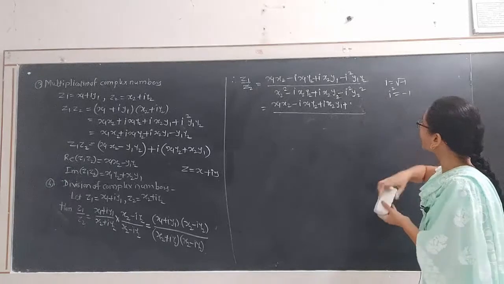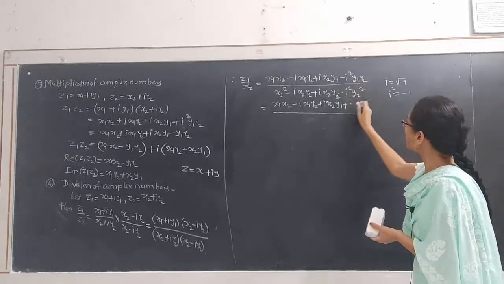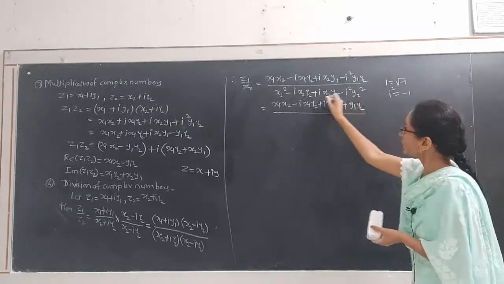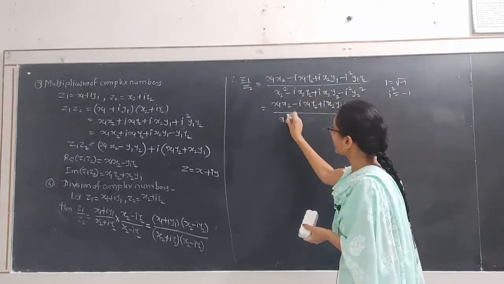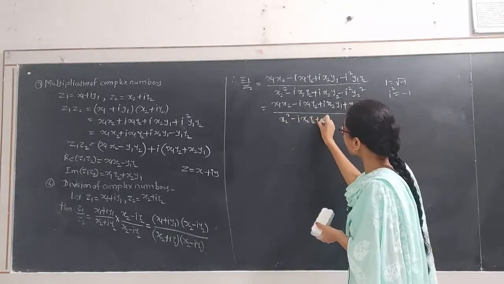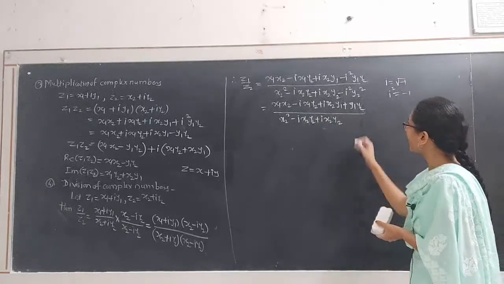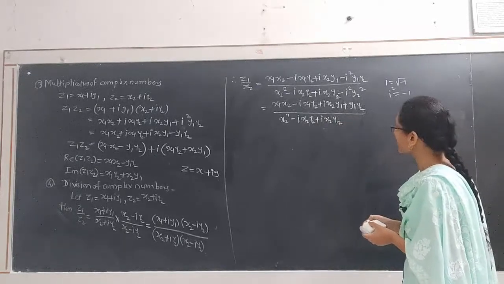The term on the numerator is minus i square, whose value is plus 1 into y1 y2. The denominator's operation is x2 square minus i x2 y2 plus i x2 y2 minus i square y2 square.